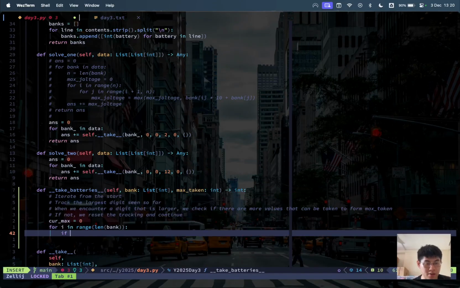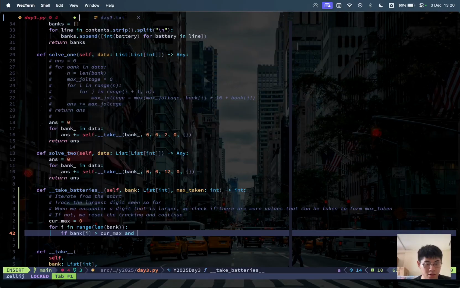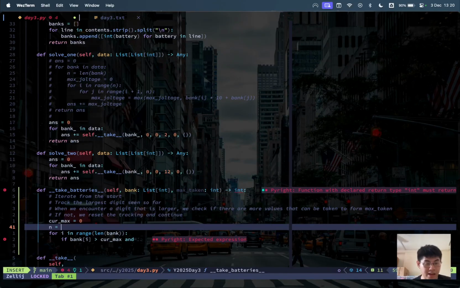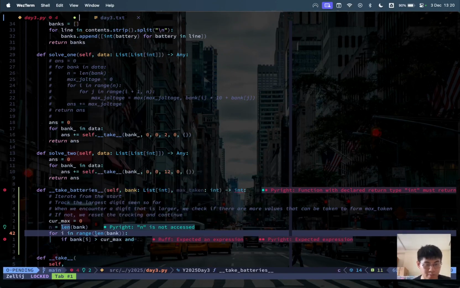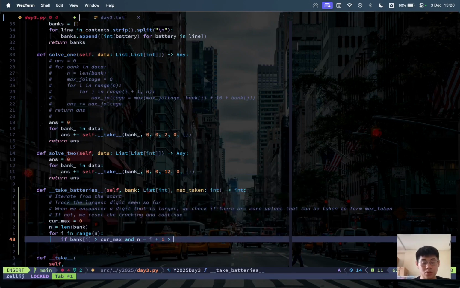And if the bank of I is greater than the current max and n minus I plus 1 is still greater than max taken, that means I have more digits I could take.